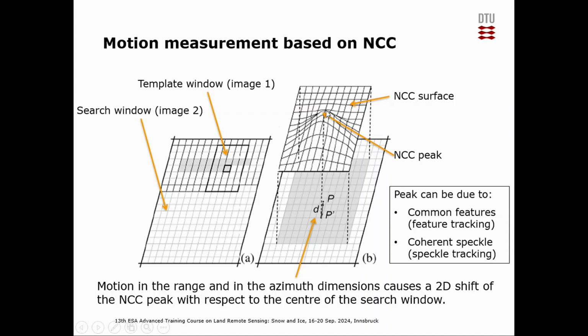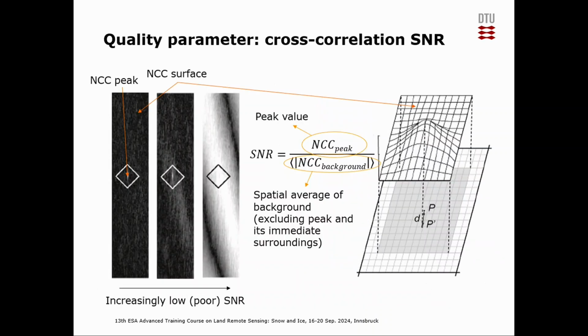And in general, we will have a 2D cross-correlation surface which looks like this. The position of the peak compared to the case where there is no motion allows us to measure the two-dimensional motion of a given point. And the peak can be due to features which we are tracking, like we saw in the very beginning, or to coherent speckle patterns, which also can give a cross-correlation peak.